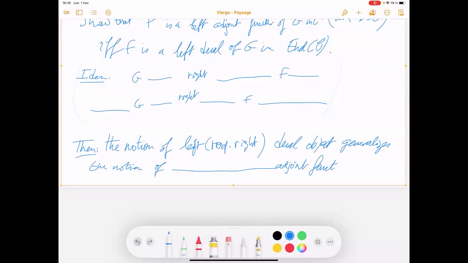Okay. So this is nice, because the notion of left and right adjoint functor is fundamental in category theory. So we are dealing with something generalizing this fundamental notion.